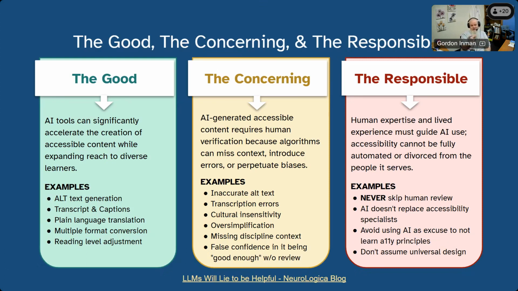And also, just because AI makes things easier doesn't absolve us from needing to still learn the accessibility principles and why certain things are done for certain types of disabilities. And also don't assume universal design, because that's a big thing that we talk about, especially with accessibility. Just because the AI spits it out doesn't mean it will actually work for people. And so you just have to be mindful and be responsible for those things.